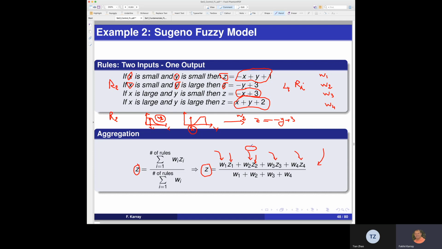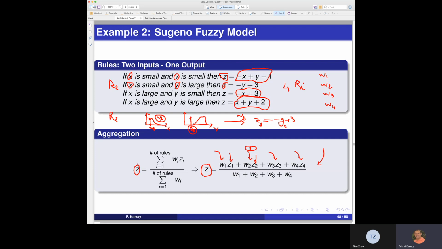So omega 2 is equal to 1 here, the largest value for omega 2. And then z2 is going to be equal to y2 here, that is applied. This is y2 and this is x2, this is rule 2 for this particular level. So we have z2 is equal to minus y2 plus 3 here.